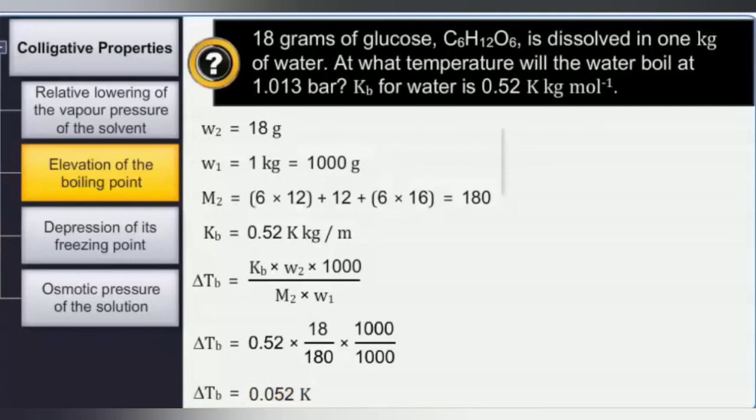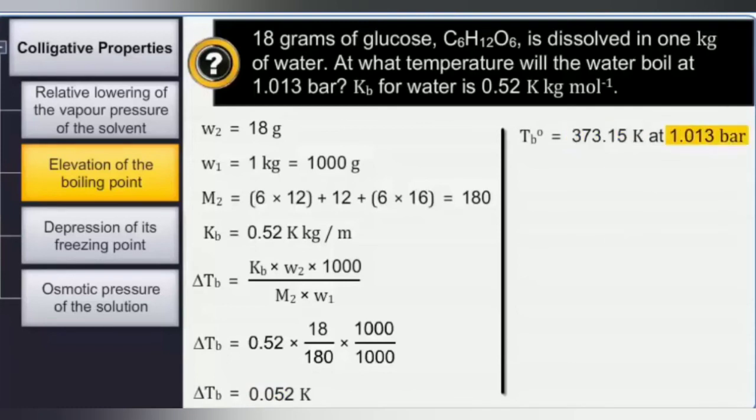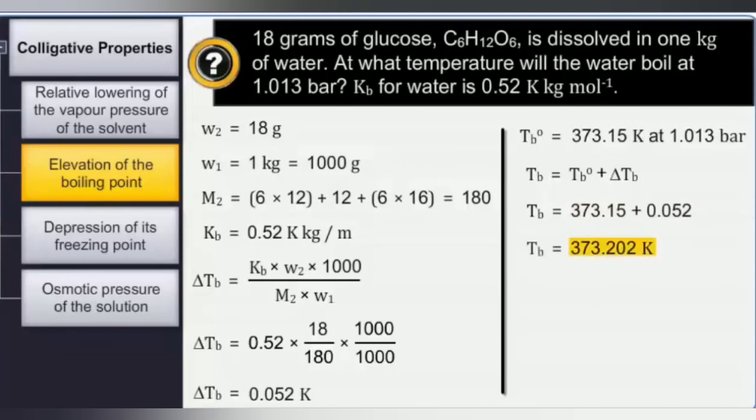Since water boils at 373.15 Kelvin at 1.013 bar pressure, the boiling point of the solution Tb can be calculated as Tb is equal to Tb naught plus delta Tb, or 373.15 plus 0.052, which is equal to 373.202 Kelvin.